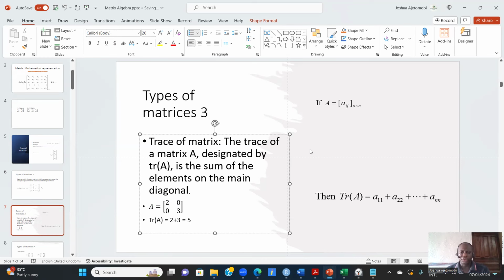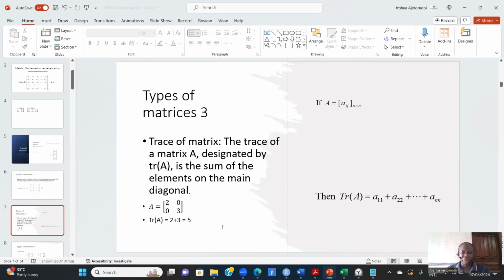So that's what we are trying to say. The trace is adding together the elements along the principal diagonal. It could be 3 by 3, 4 by 4, whatever.